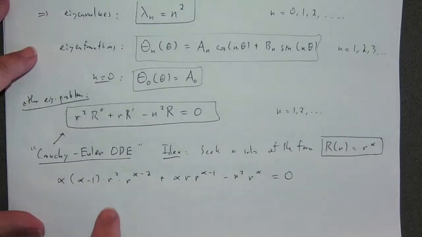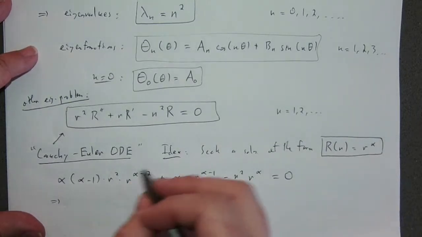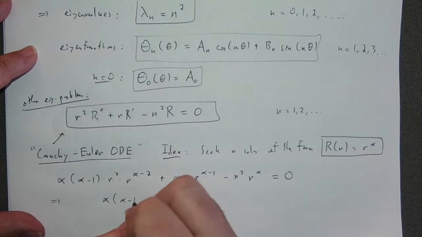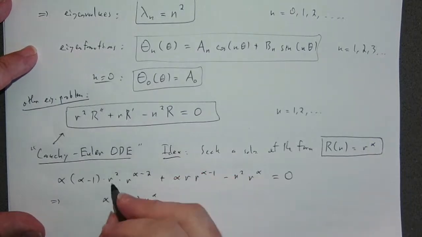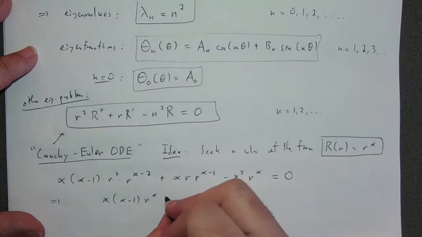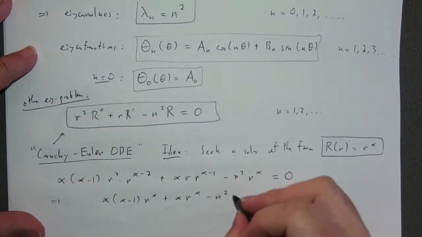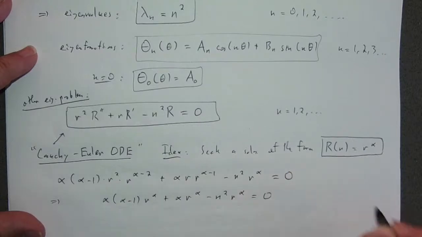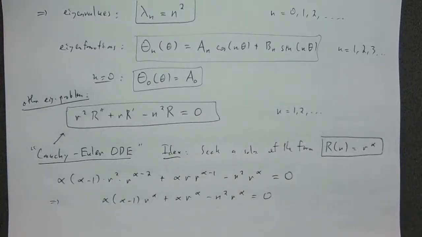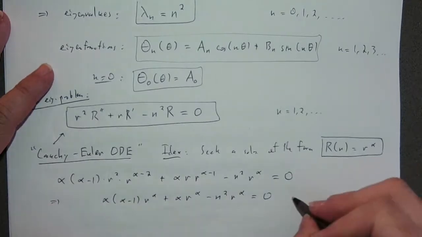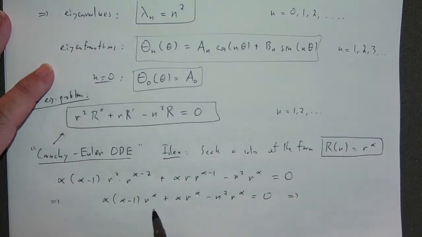But then, what do I get here? I get alpha times alpha minus 1 times r to the alpha, right? R squared times r to the alpha minus 2, plus alpha times r to the alpha minus n squared r to the alpha is equal to 0. Doing some algebra here, what has to be the case? The only way that this can happen is, let's get rid of the r to the alphas.